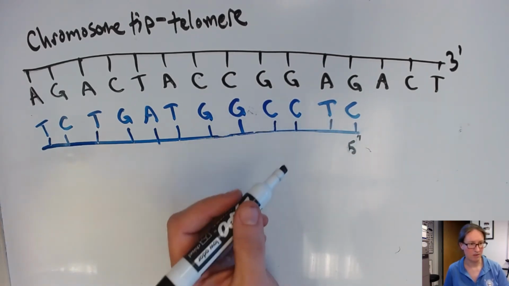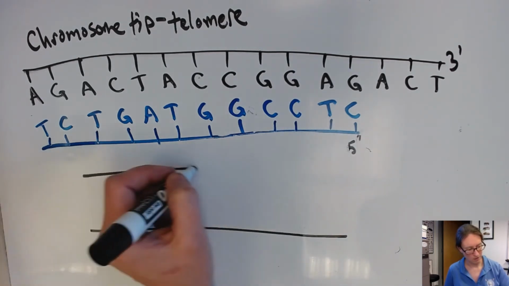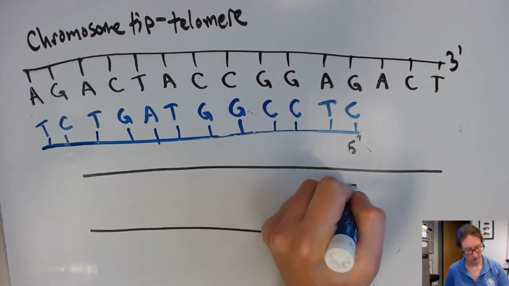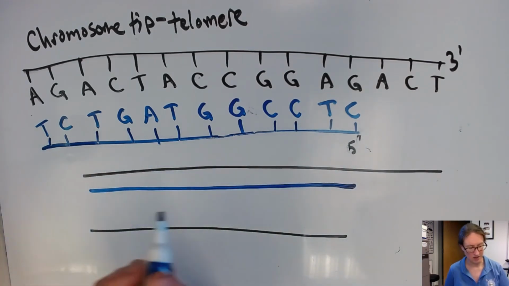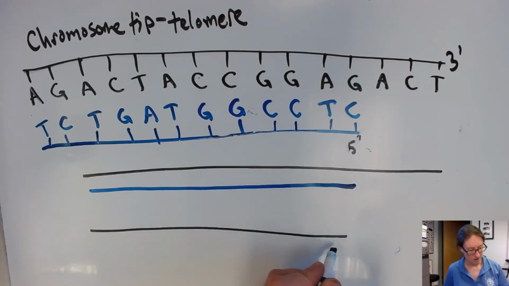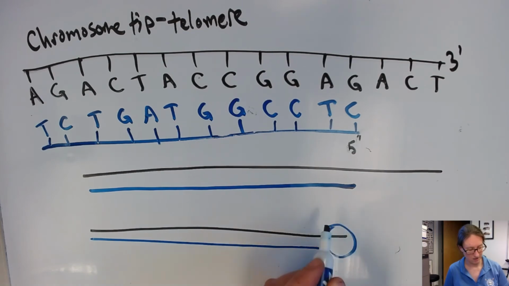The next time these strands go through replication, the upper strand is probably going to be fine. There will be the same capability as we just saw here. But for this lower strand, the new strand that's going to be built off of it is going to have the same type of problem. So there's going to be a little gap here at the tip.